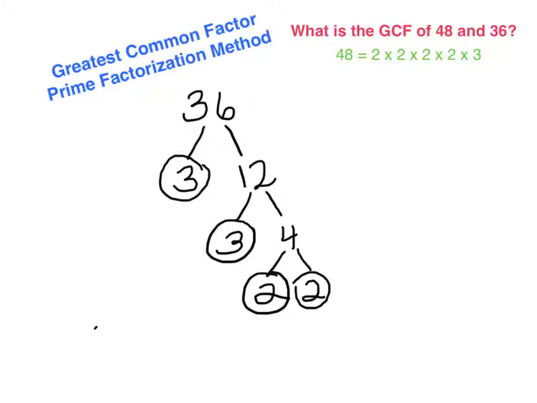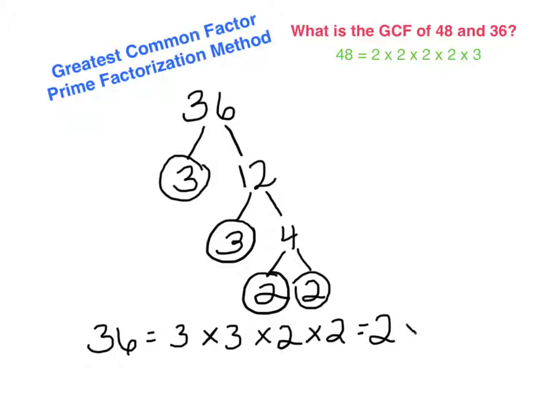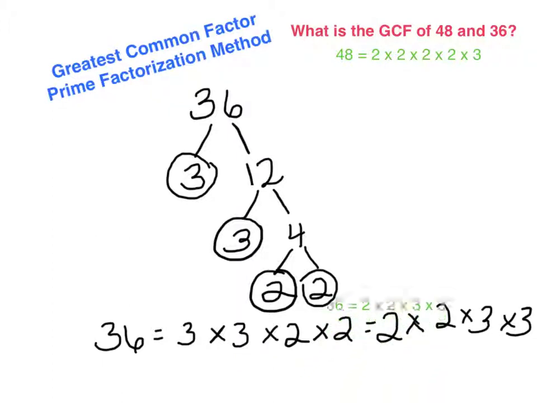So the prime factorization of 36 is 3 times 3 times 2 times 2, which I'm going to write in ascending order again. So 2 times 2 times 3 times 3. We'll put this information right up here with what we saved from 48 so that we can move on to the next step.